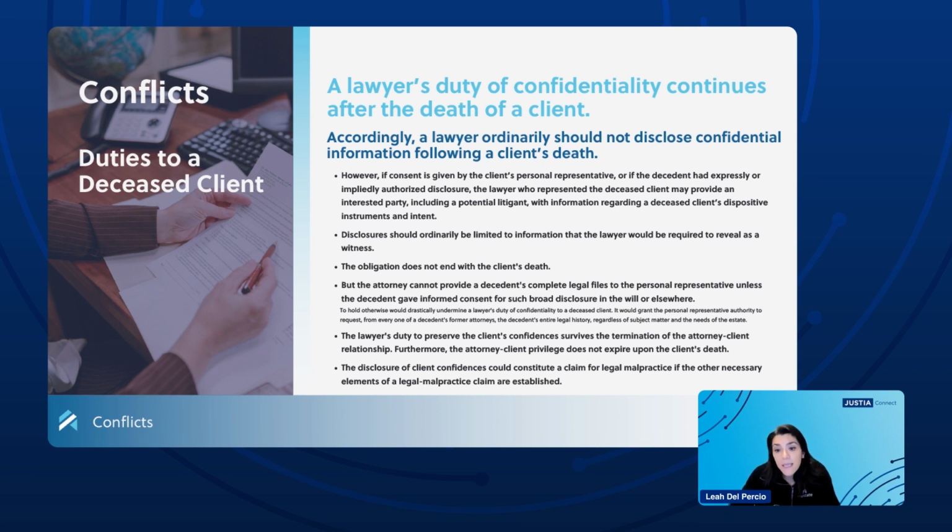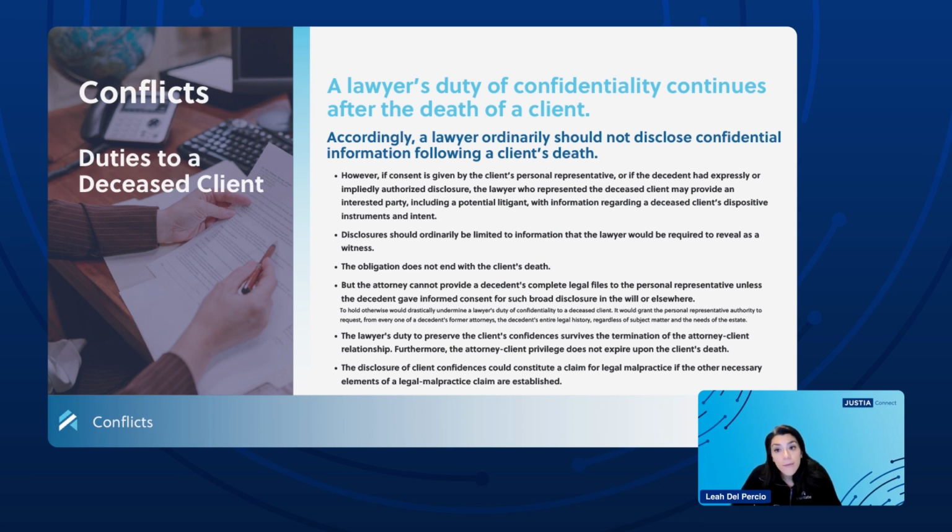However, if consent is given by the client's PR, meaning the representative of that estate, or the decedent expressly or impliedly authorized disclosure of that information in order to effectuate that estate plan during the administration, the lawyer who represented the deceased client can provide an interested party, including a litigant, so this is common in state of mind issues with will contests, with information regarding a deceased client's dispositive instruments, the will and the trust, and the intent.